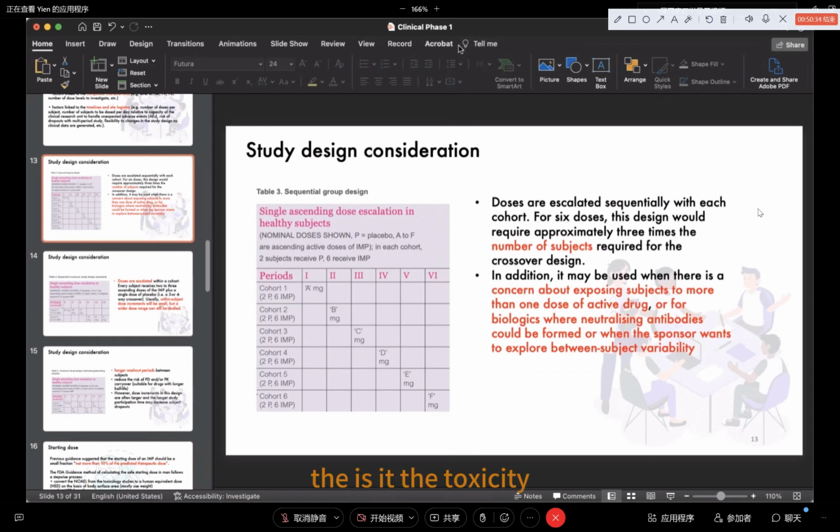Is it the tolerability, toxicity? Yes, tolerability of your body towards the drug. So it's the toxicity as well as the tolerability. When you look at drugs, there are always side effects, be it nausea, be it gastric, be it whatever. So if a certain drug, for example chemotherapy, for you to treat a chronic cancer, you don't want the drug to stay too long in the body as well.